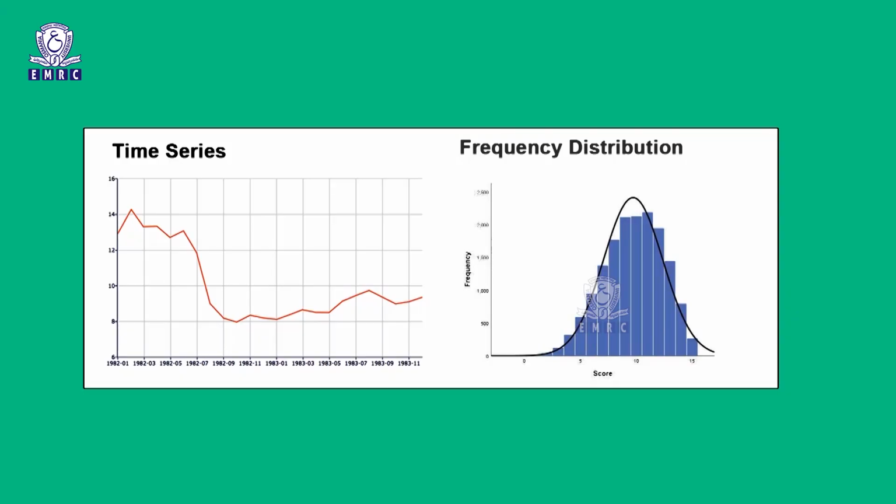For all such advantages, it is necessary for a researcher to have an understanding of different types of graphic presentation of data. In practice, there are a variety of graphs which can be used to depict the data. Broadly, the graphs of statistical data may be classified into two types. One is graphs of time series, another is graphs of frequency distribution.